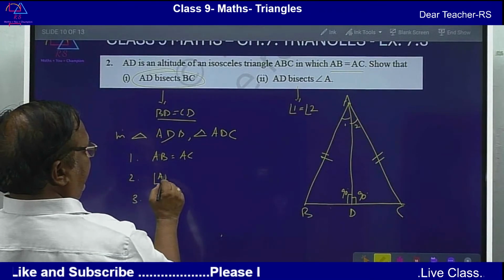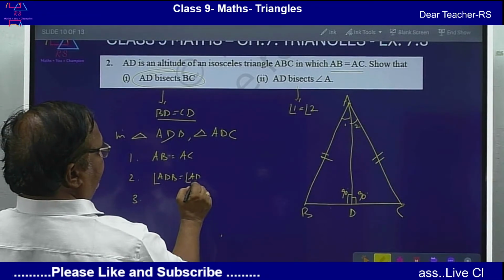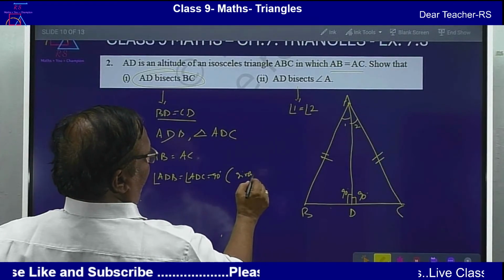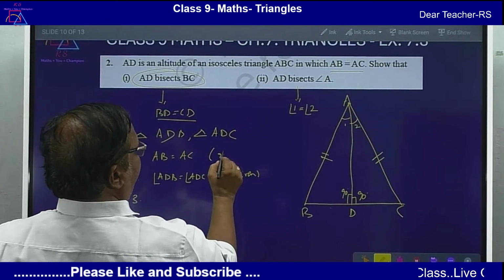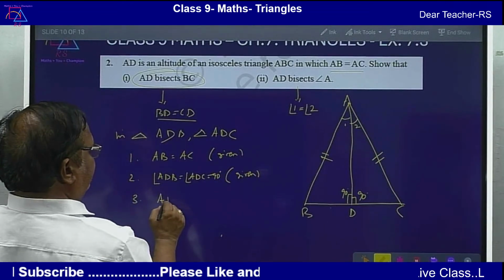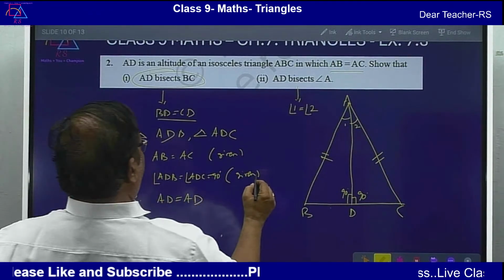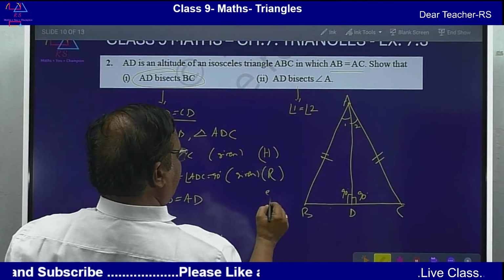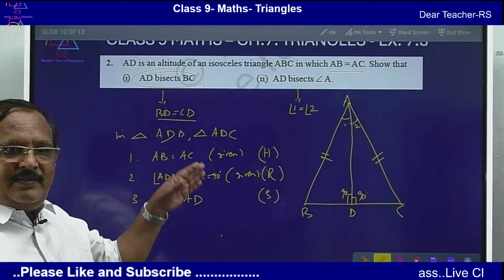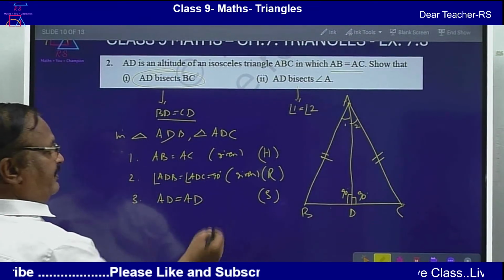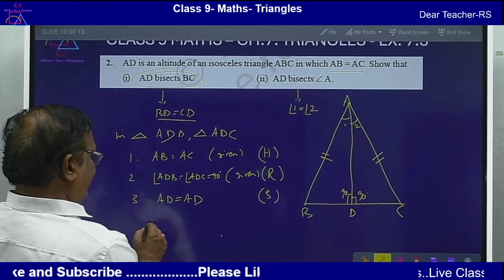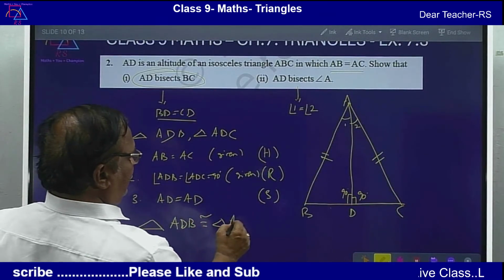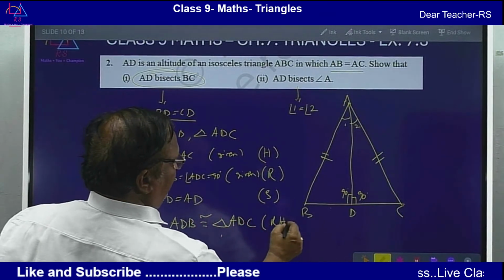Angle ADB is equal to angle ADC is equal to 90 degrees, given. And AD is equal to AD. So this is right angle and this is hypotenuse and this is side. I did not write them in the line. So by which property? RHS. Therefore, triangle ADB is congruent to triangle ADC by RHS.